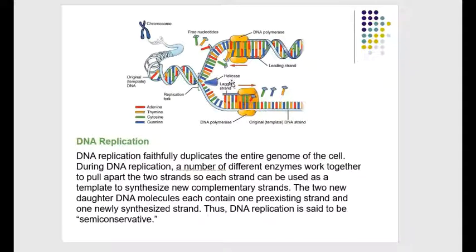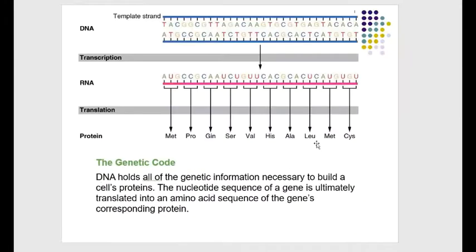That replication fork is the start of the unwinding, okay? The DNA polymerase is going to add the new nucleotides, either the A, T, C, or G, okay? And so when you duplicate this, you'll start with one and then you'll end up with 2 new daughter cells. Okay, a lot of information.